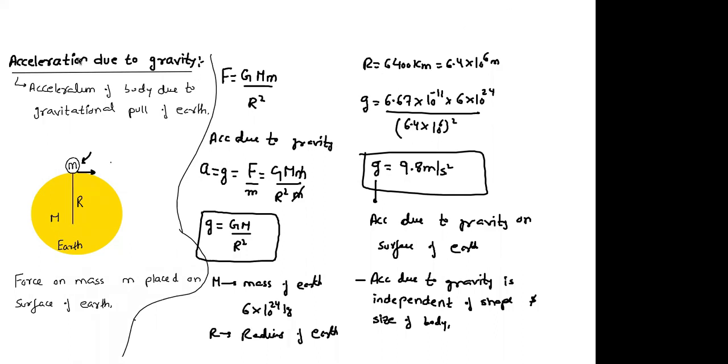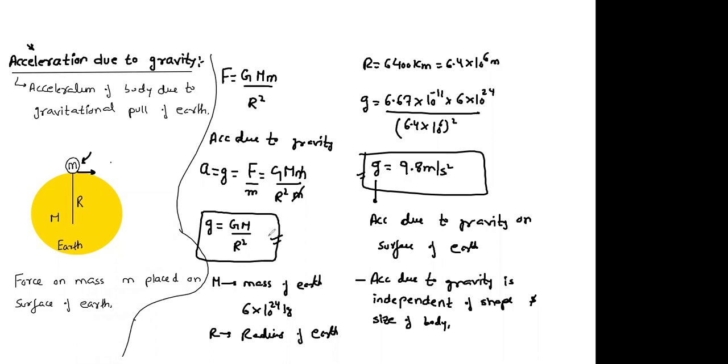Now, for your school exam, this is an important topic. You will get at least one question from acceleration due to gravity. But that question will not be on this thing. The question you will get is on the variation of acceleration due to gravity. The value that we have calculated here is for a body placed on the surface of Earth only.